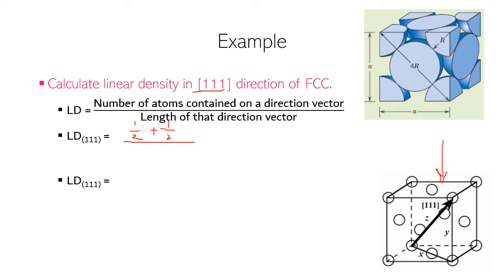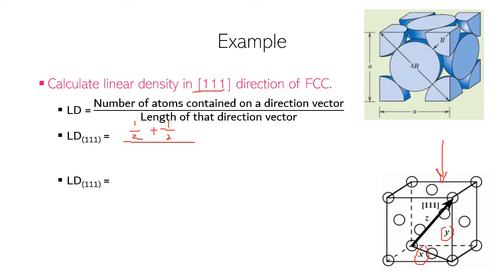The main task here is to find the length of this vector. As you can see, that direction is the hypotenuse of a right angle triangle whose other two sides are x and y.